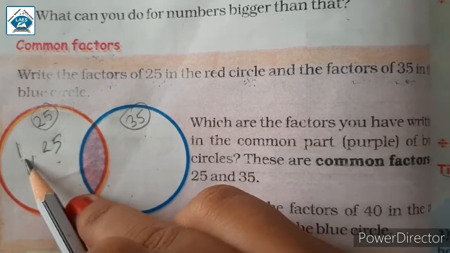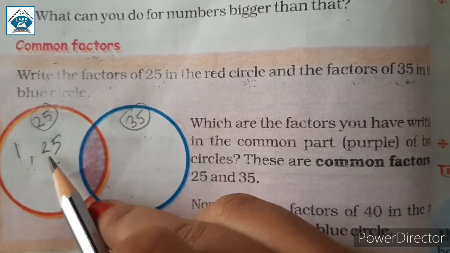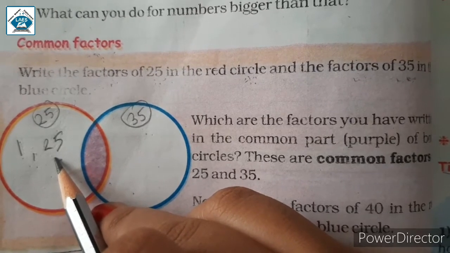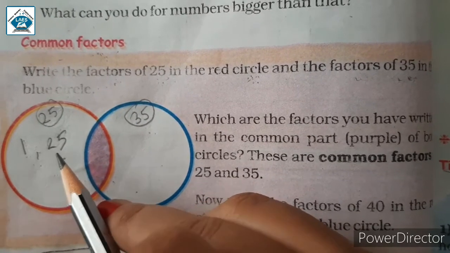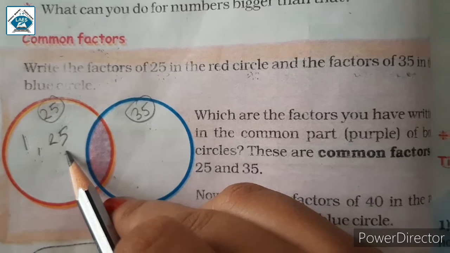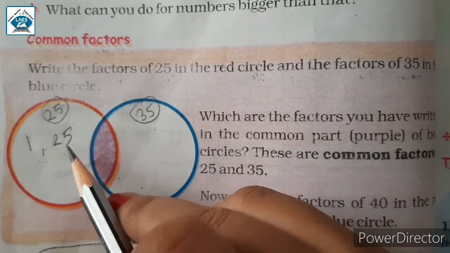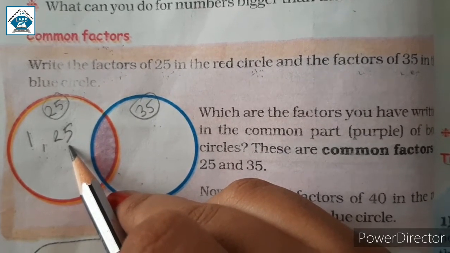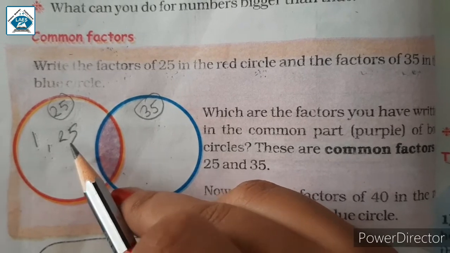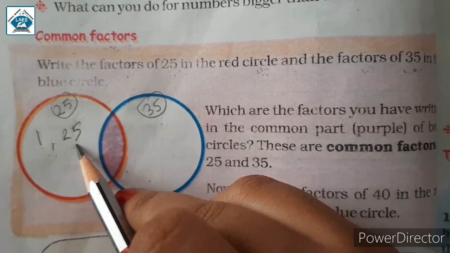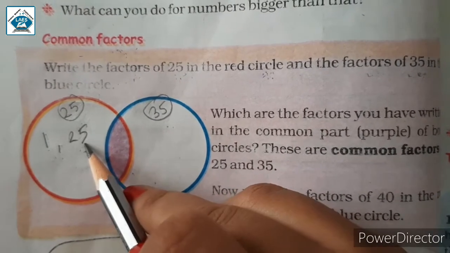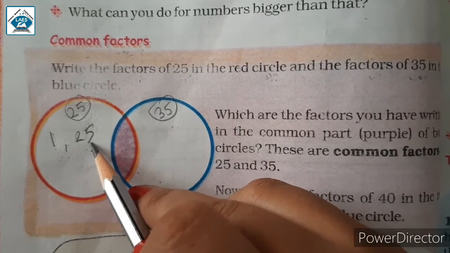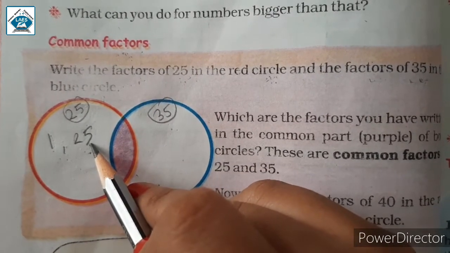If 1 is dividing 25, what will be its next number? Yes, 25. When you divide 25 by 1, you get 25. So 1 and 25 are factors of 25.